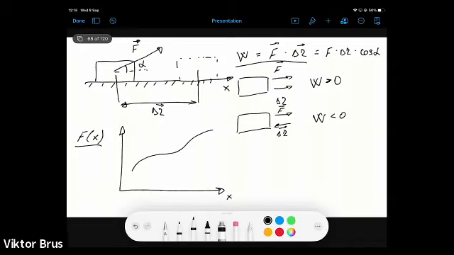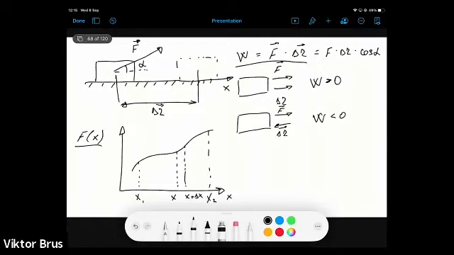The easy way to deal with this situation is to divide some large interval between x1 and x2 into small intervals, from x to x plus delta x.